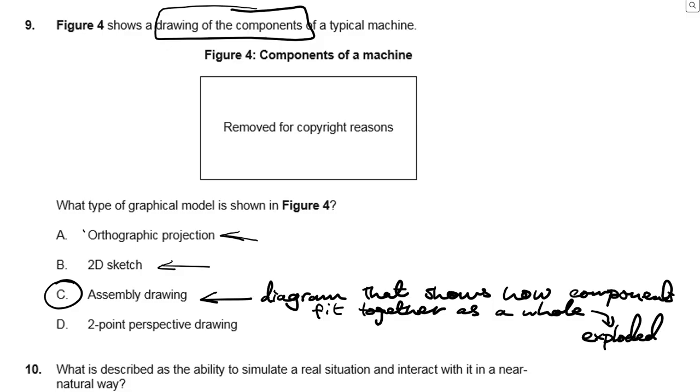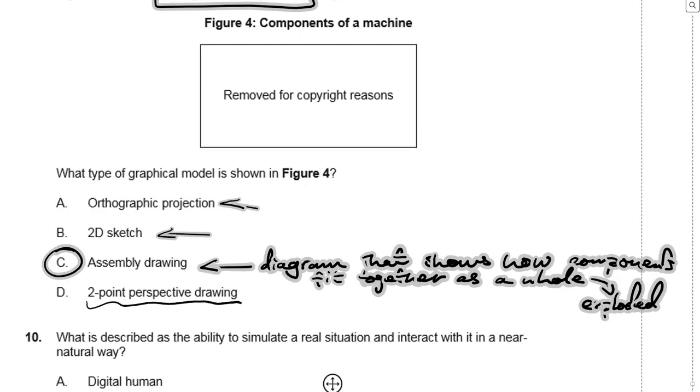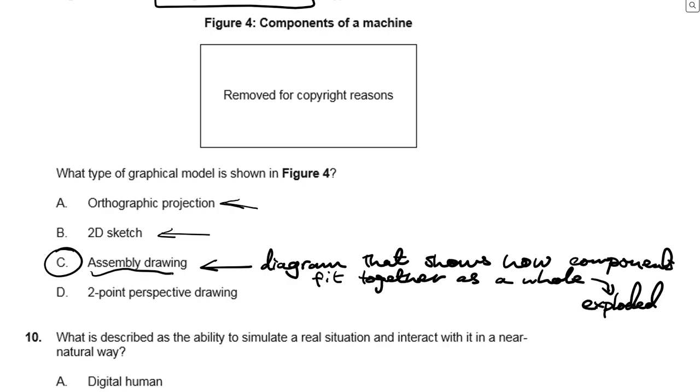So it wouldn't be orthographic, it wouldn't be 2D, and it could be a 2-point perspective, but that is more for a realistic drawing rather than an assembly drawing. Exploded isometric, right? And I have some music in the background, hopefully it's not too distracting.